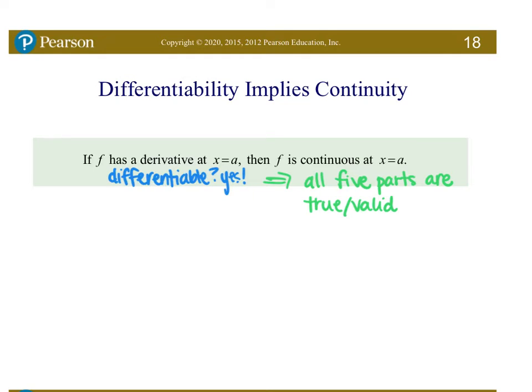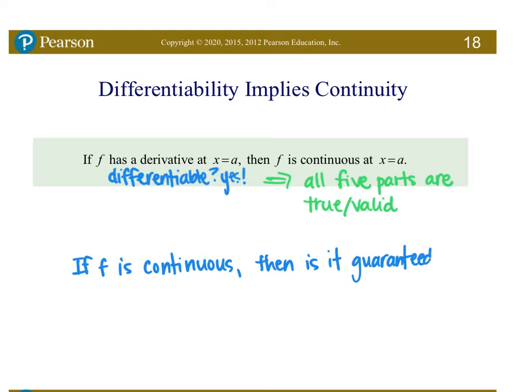So if f is continuous, what if we do that first? Then the question is, is it guaranteed to be differentiable? So this is a good true-false question that you could get asked. If f is continuous, is it guaranteed to be differentiable?